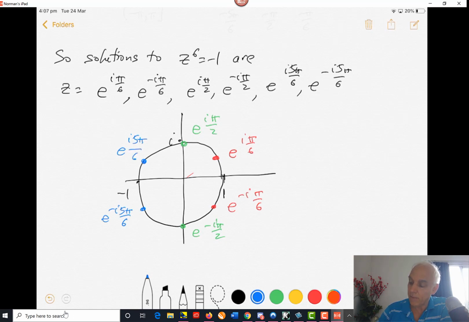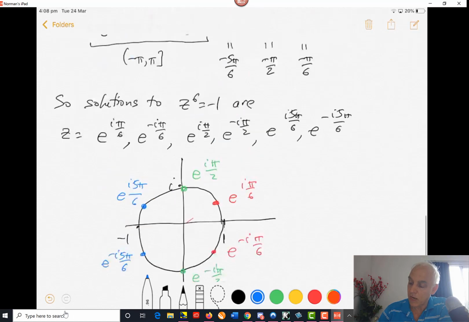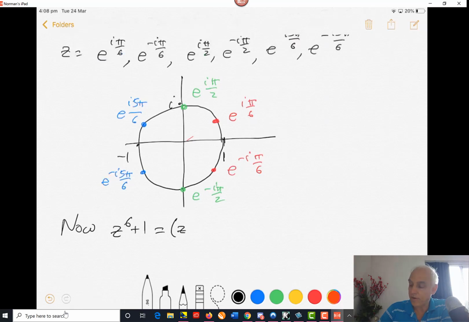Okay, so remember we were after the factorization of z to the 6 plus 1, so we can go back to that. So now z to the 6 plus 1 actually factors as a product of all of these different factors. z minus e to the i pi on 6 times z minus e to the minus i pi on 6.